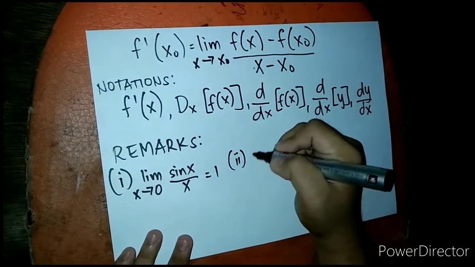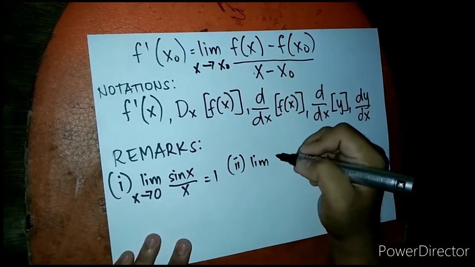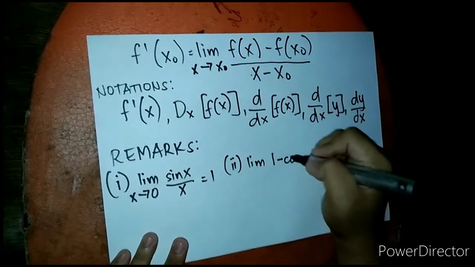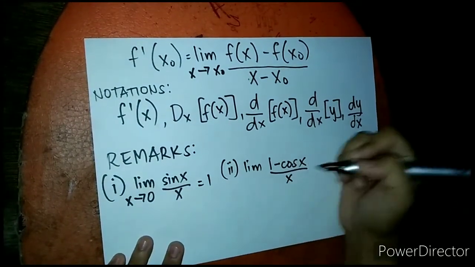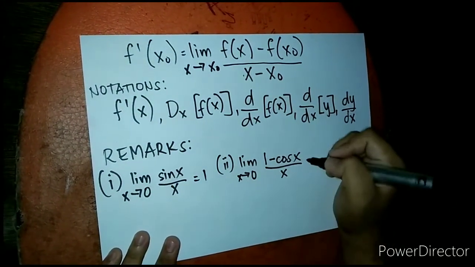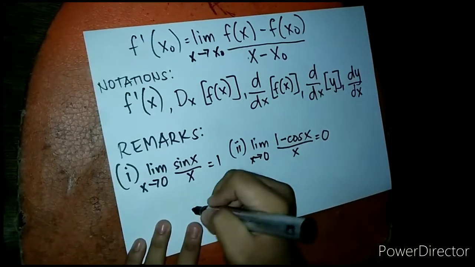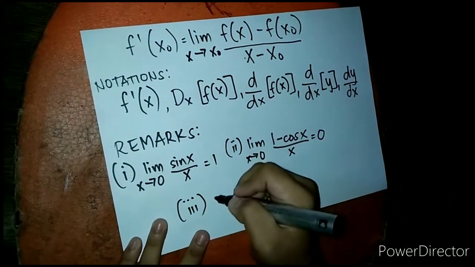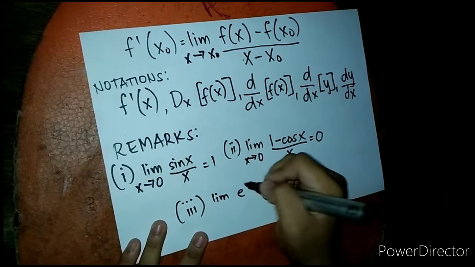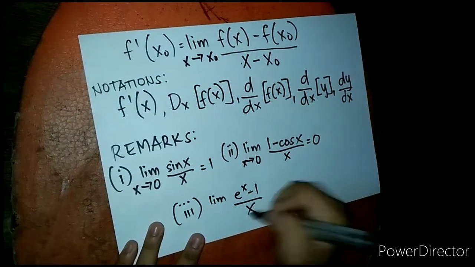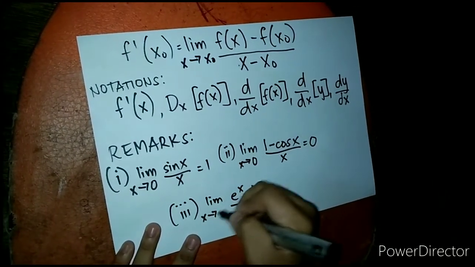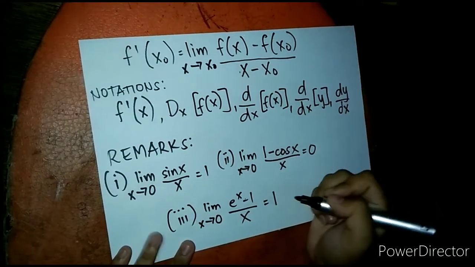Pangalawa, limit of 1 minus cosine of x over x as x approaches 0 is equals to 0. At pangatlo, limit of e raised to x minus 1 over x as x approaches 0 is equals to 1.